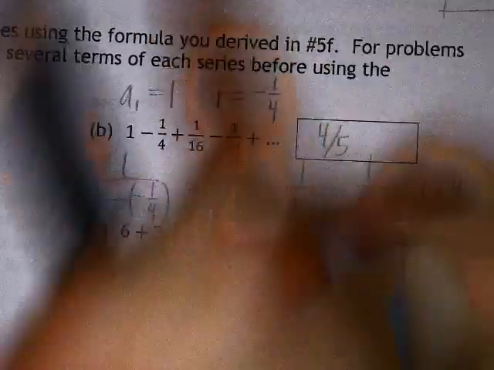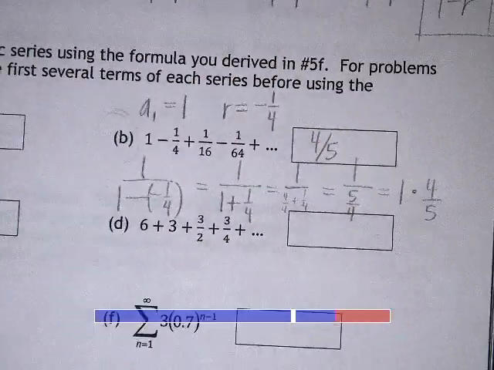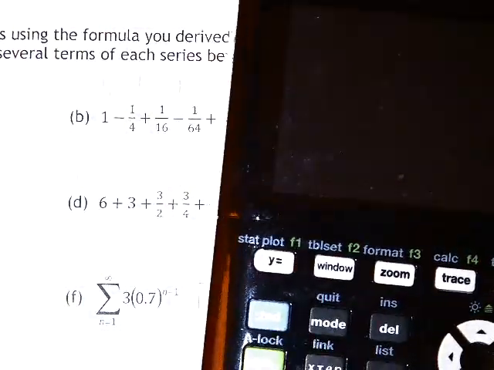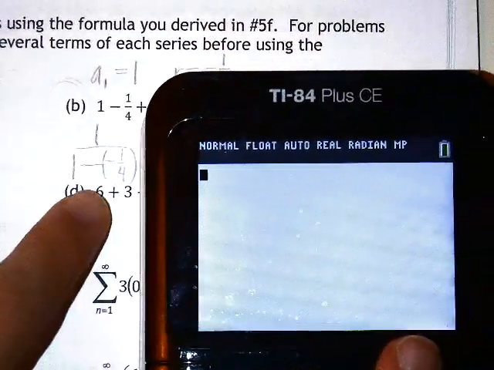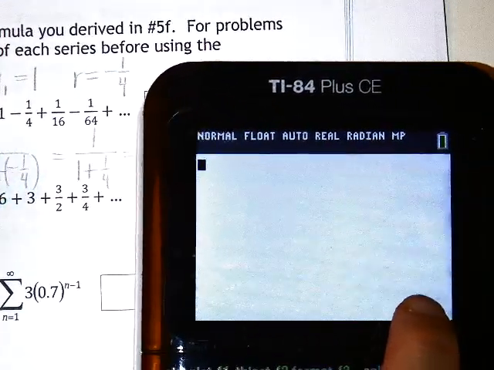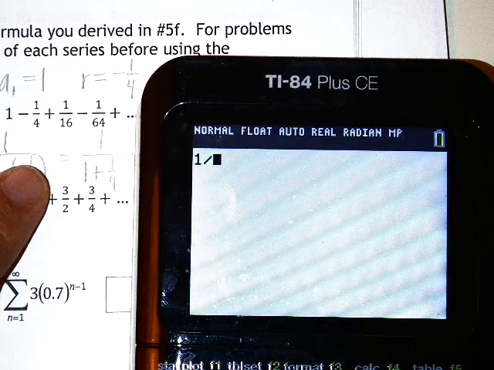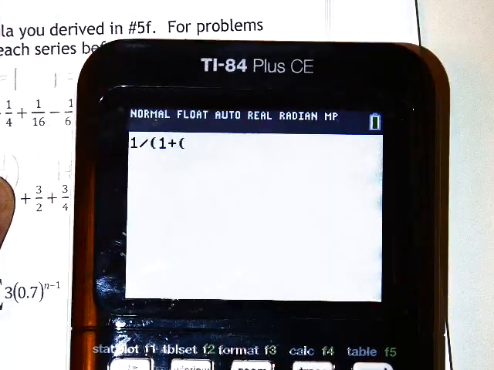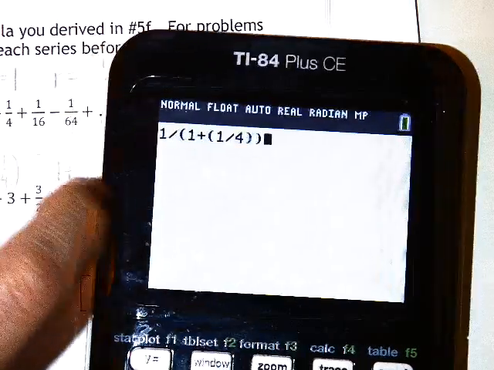And if you panicked, especially if you panicked to the point where you're like, oh my gosh, I can't do this by hand, I don't even know what to do, there's actually nothing wrong with using your calculator. If you wanted to be really ambitious and be a power user of your calculator, you could type 1 divided by parentheses 1 plus parentheses 1/4. This is why I'm referring to being a power user.